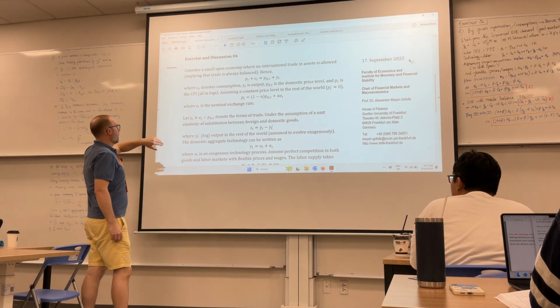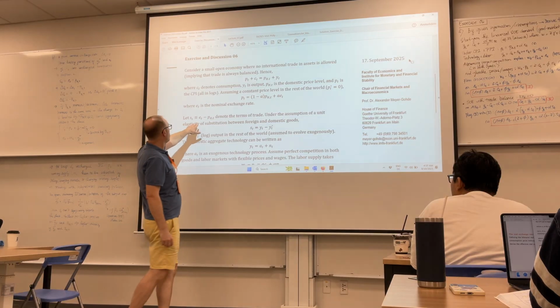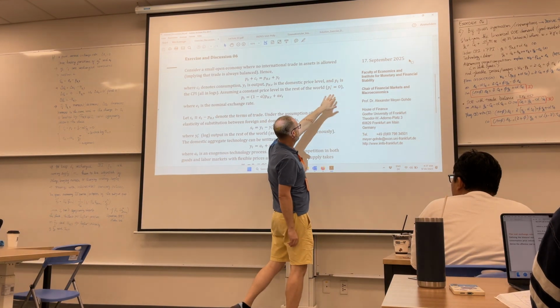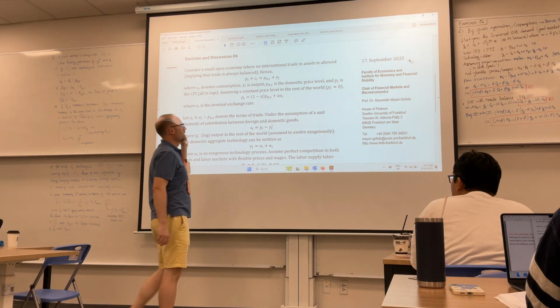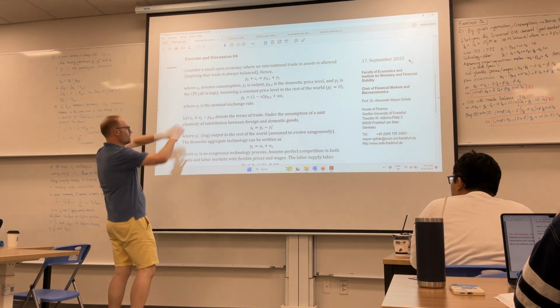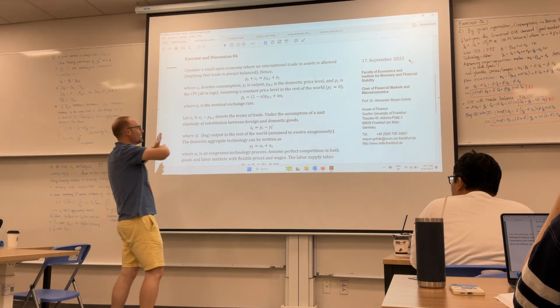We have our terms of trade. The foreign price level we've held constant, normalized to 1, so that in the logs it's 0 and just disappears, which makes our life a lot easier.